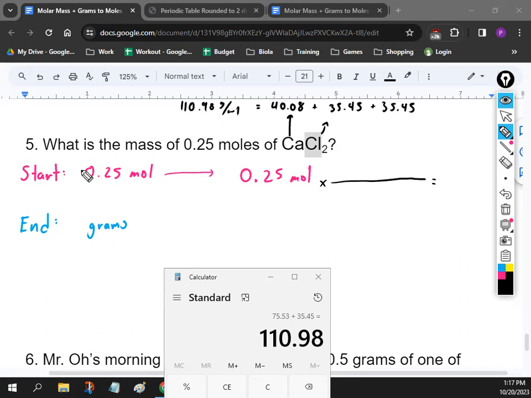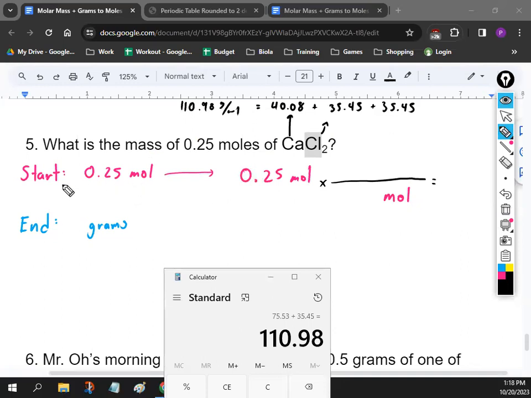If you guys remember, whatever you start off with is what you want to get rid of, right? Because you don't want moles anymore. You want to turn it into grams. So whatever you start with, you want to get rid of. So moles is something you want to get rid of. Whatever you want to get rid of, you put on the bottom of the fraction. That way they cancel out. Remember, just regular algebra. If you have something on the top and bottom, they cancel each other out.